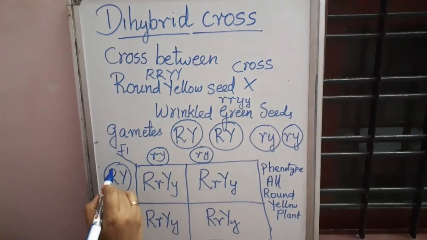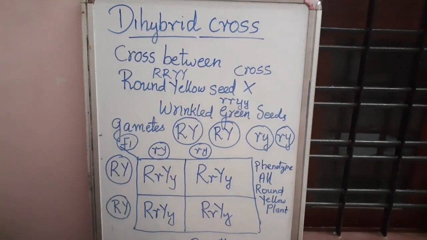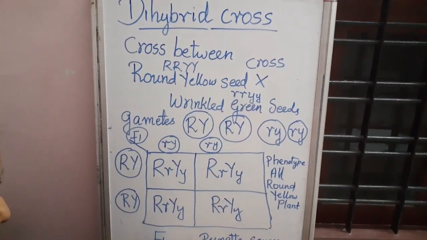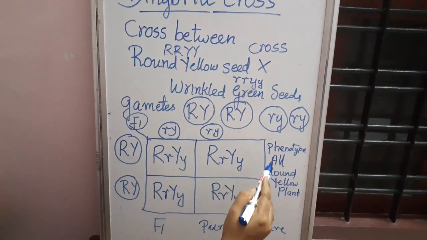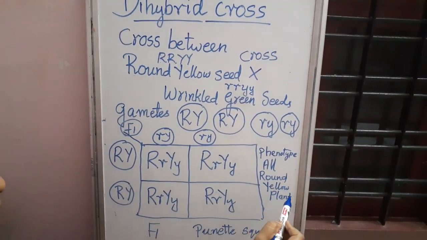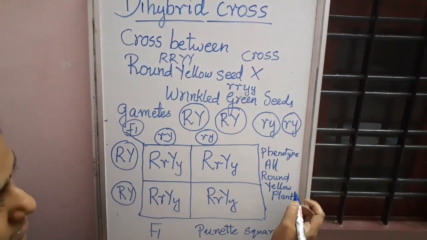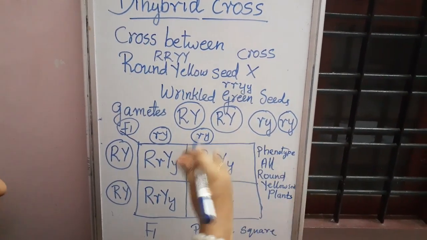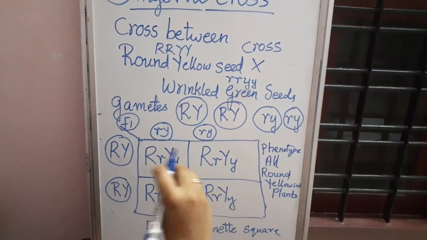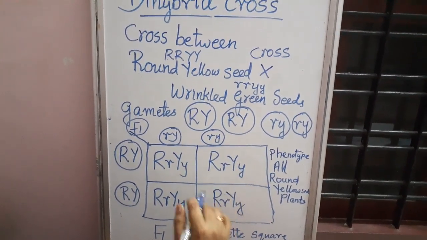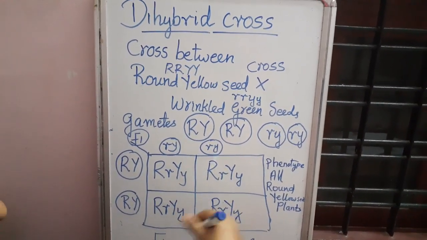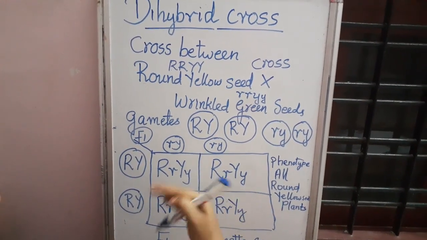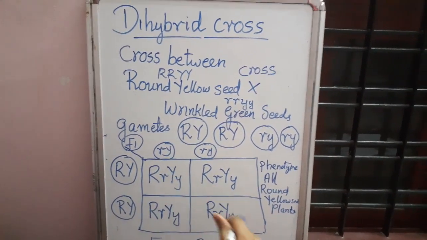So till here we have done the cross pollination. We got the F1 generation, all round yellow seed plants. Now the next step is we are doing the F2 generation. These plants we are self-pollinating. That we will see after this.